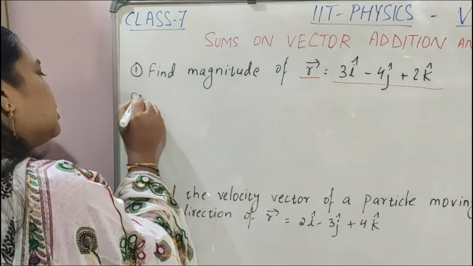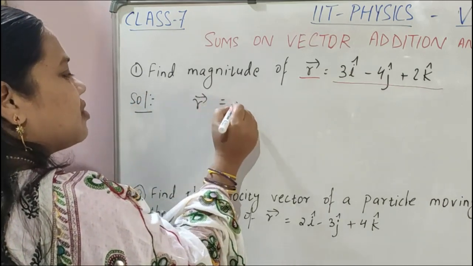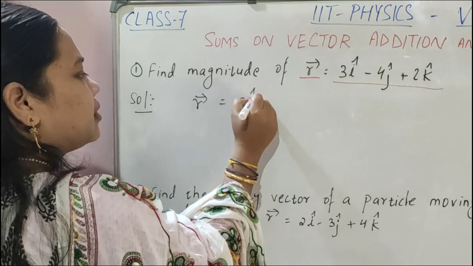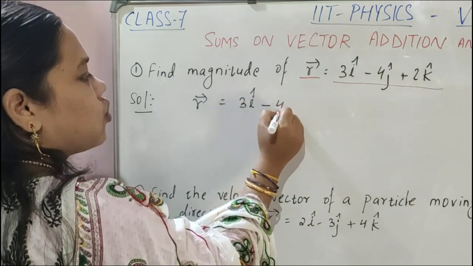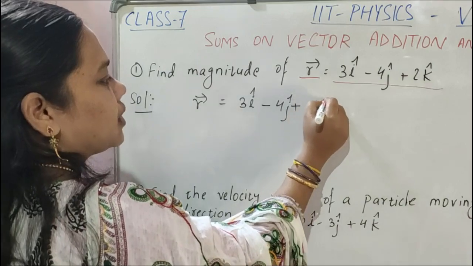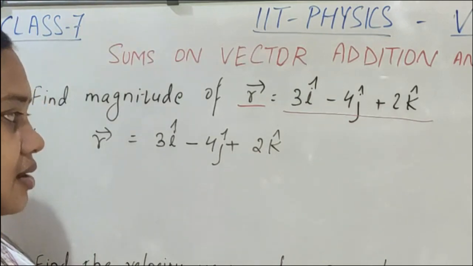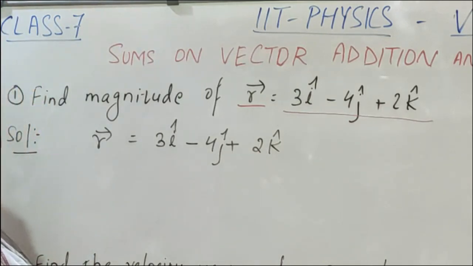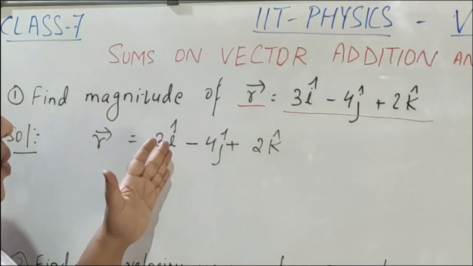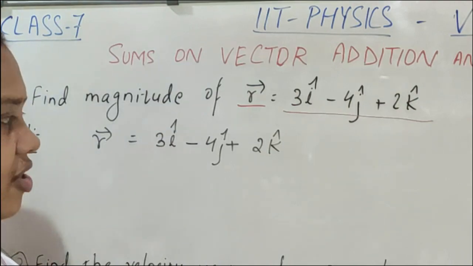So solution, vector r is given as 3i cap minus 4j cap plus 2k cap. What are these i cap, j cap, k cap, children? Last class we discussed i cap, j cap, k cap are orthogonal unit vectors.